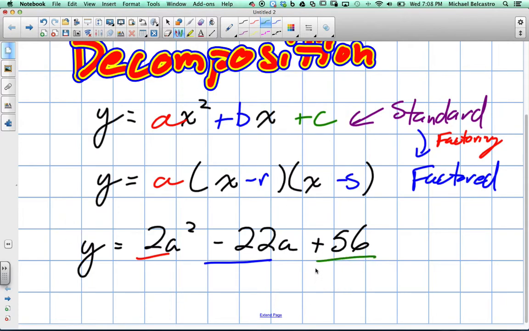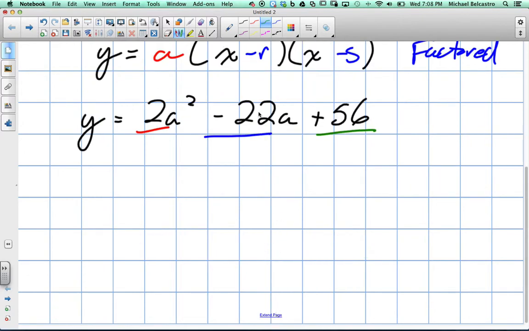Okay. In decomposition, we're looking for sets of numbers, in fact, factors. We're looking for two numbers that multiply to our A term times our C term. And those same two factors are going to add to our B term.